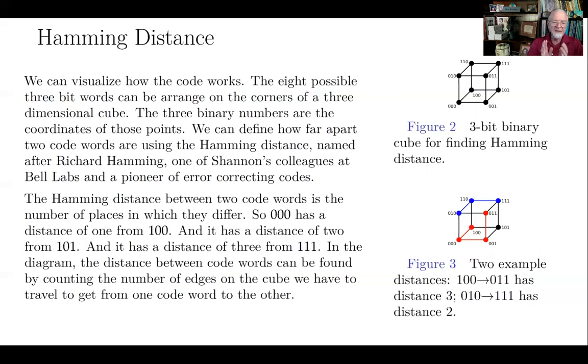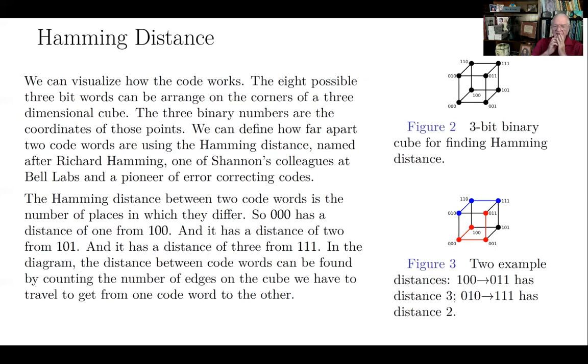Well, that's always true. Anytime you use error correcting codes, you use more bits than you would using just the direct 2 to the n needed to symbolize whatever it is you're sending.